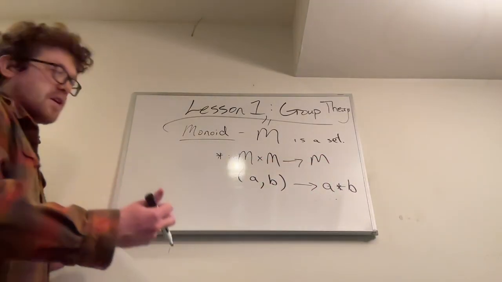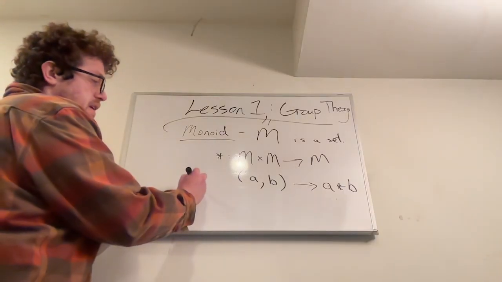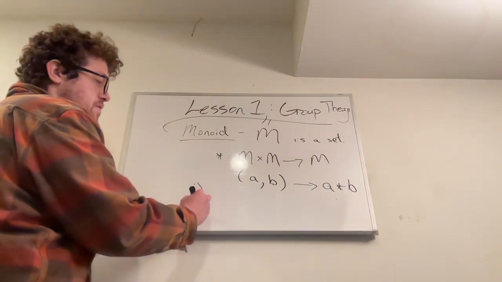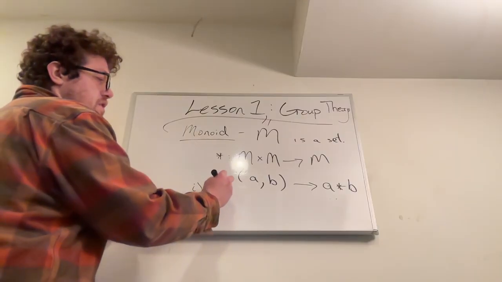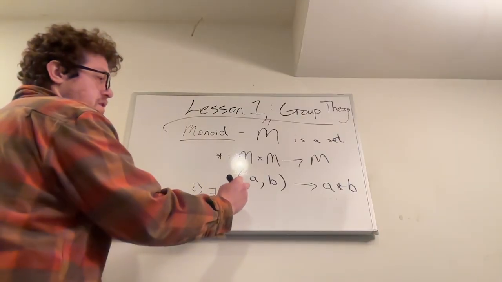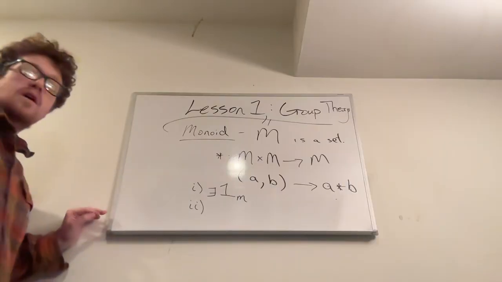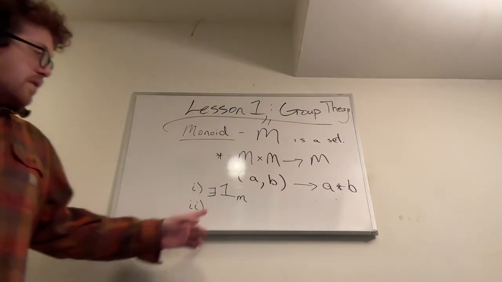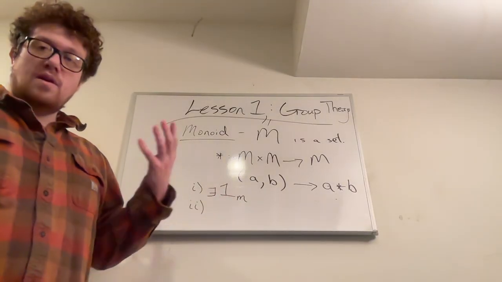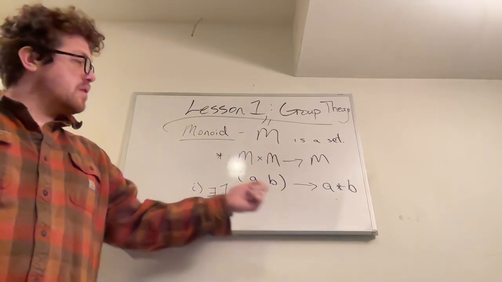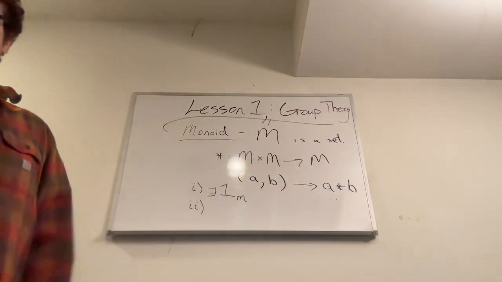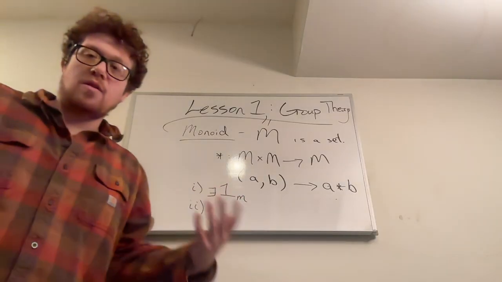So M is a set, it has this function, and the function has to satisfy the two axioms for monoids, right? There has to exist a unit, 1, and this element 1 is the element that when I apply this binary product to any other element in either direction, either on the left or the right, I just get back the same element.